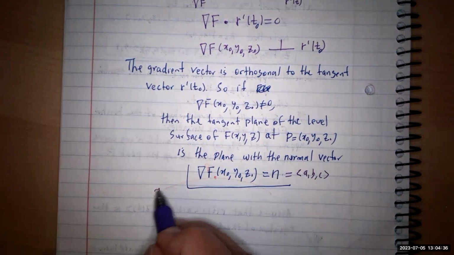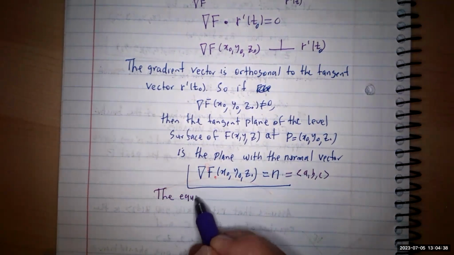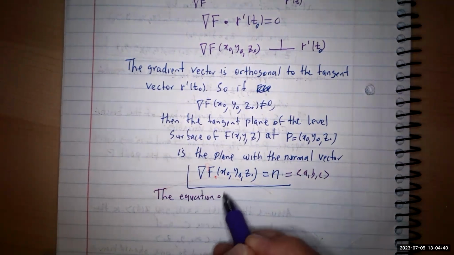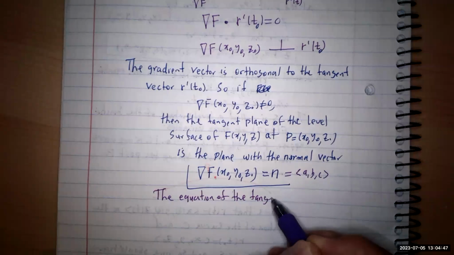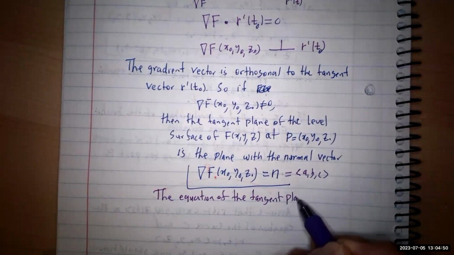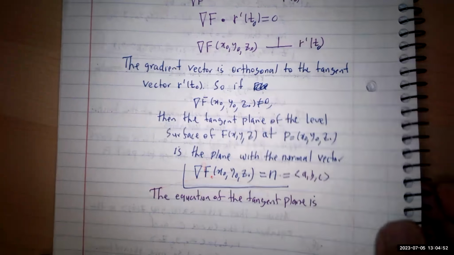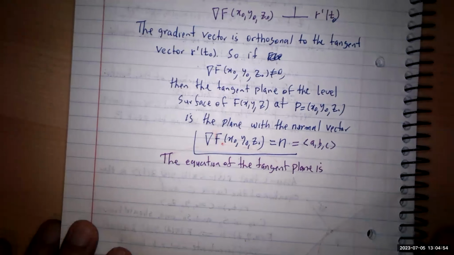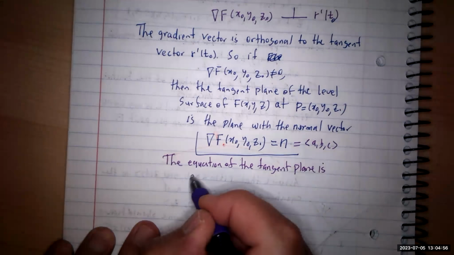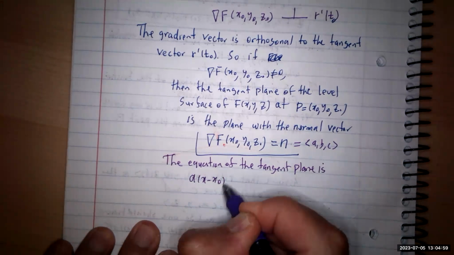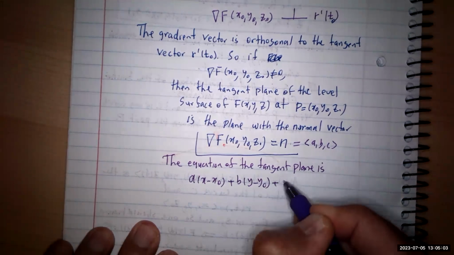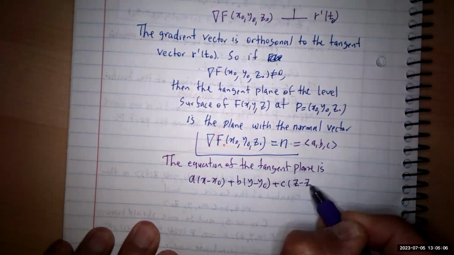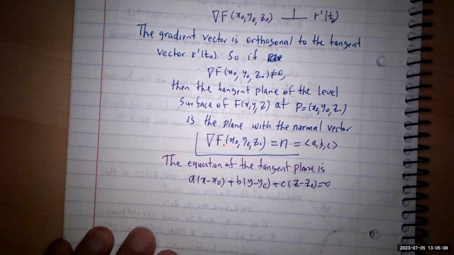So the equation of the tangent plane is A times x minus x0, plus B times y minus y0, plus C times z minus z0, equal to 0.